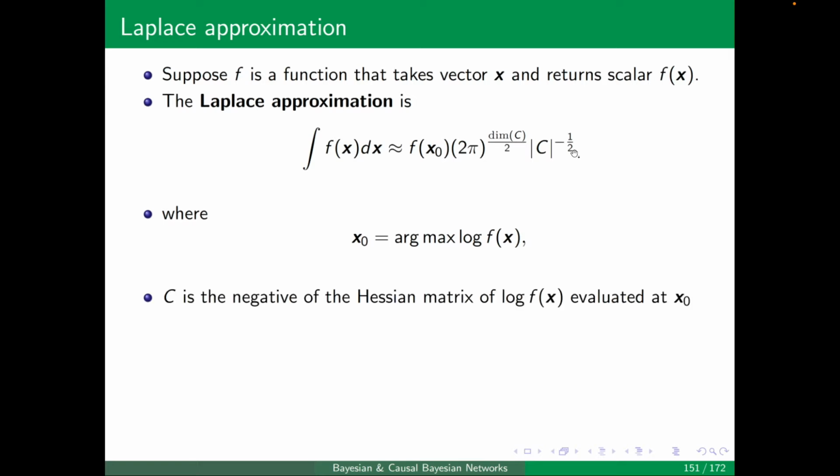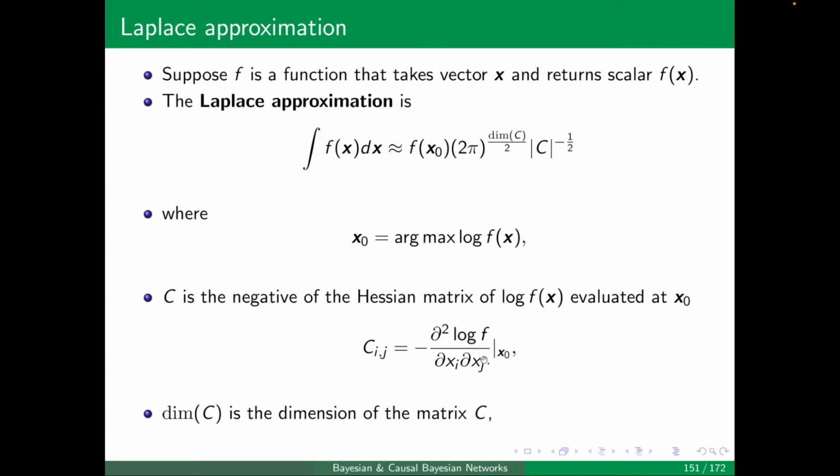What is C? C is the negative of the Hessian matrix of log of f(x), and it is evaluated at x0. So the entries of C, c i j, are calculated as follows. And the dimension is just the dimension of matrix C, and the determinant is just the determinant.